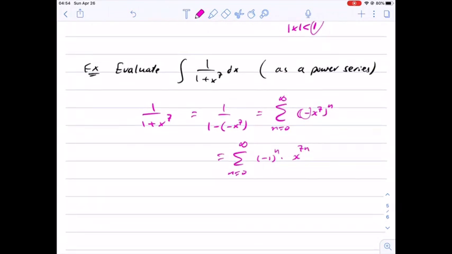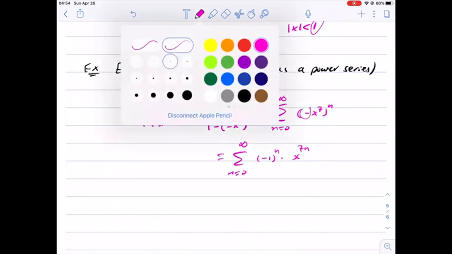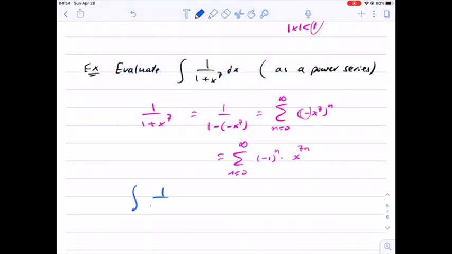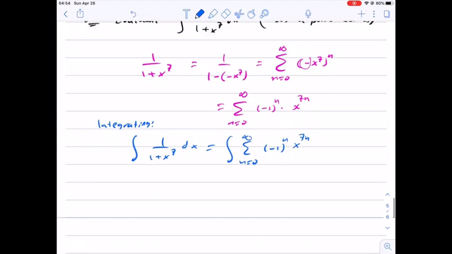Now we apply the integration. So the integral of 1 over 1 plus x to the 7, we integrate both sides. So we get the integral of the right hand side, and then we interchange the sum and integration.